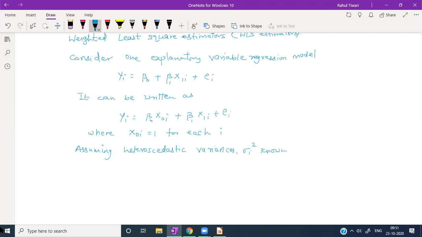That means sigma i square is known. So what you have to do? You divide that equation, let's call this equation 1, by sigma i.